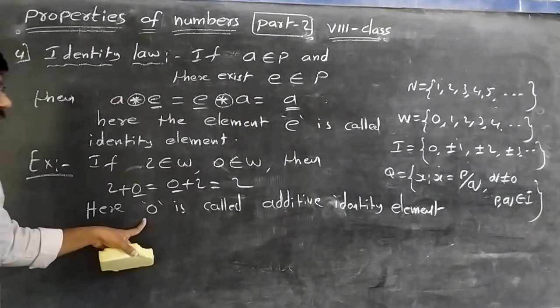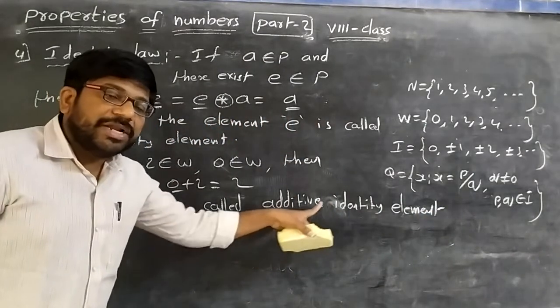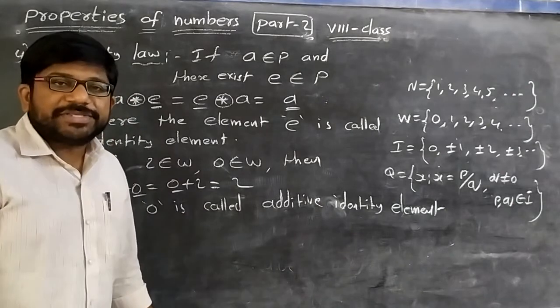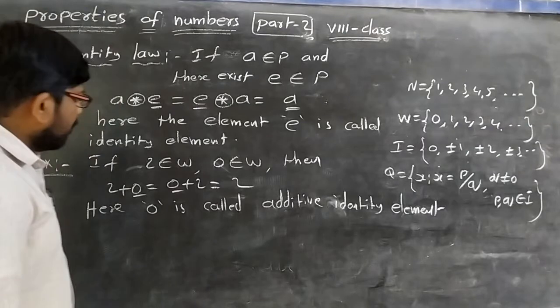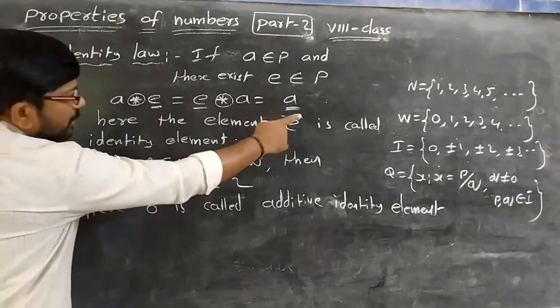So 0 is called the additive identity element, that means the identity element in addition. Next, 1 also belongs to W.